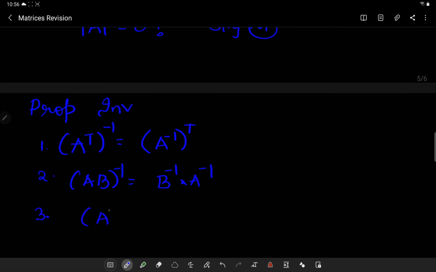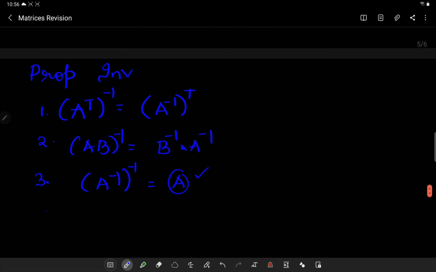Next, the inverse of an inverse is simply the matrix itself, and K into A inverse will be 1 by K into A inverse.